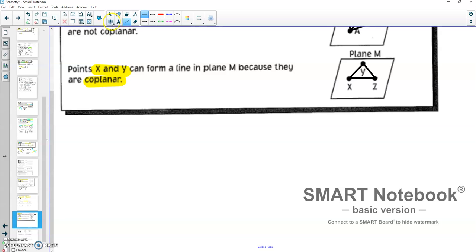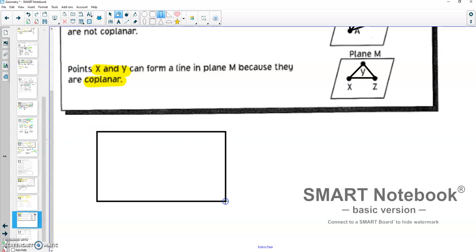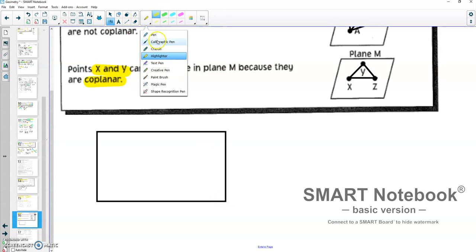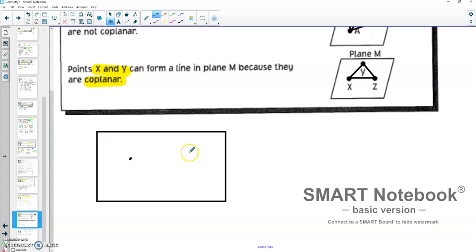Now let me draw a plane. Now if I drew some dots, let's determine if those are coplanar.